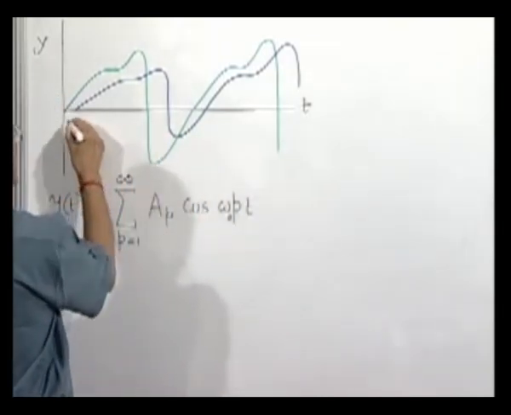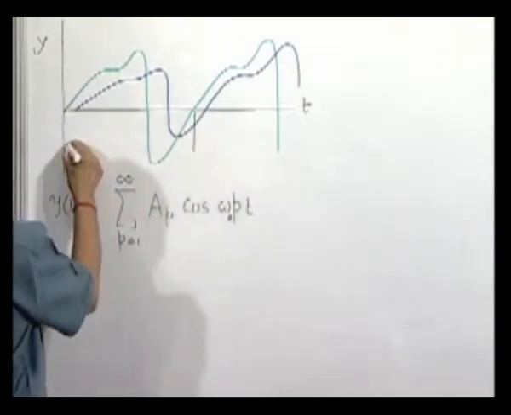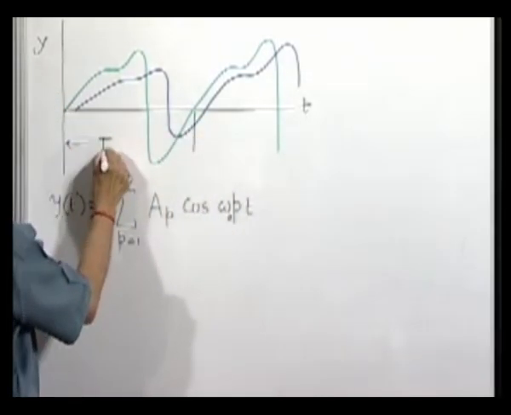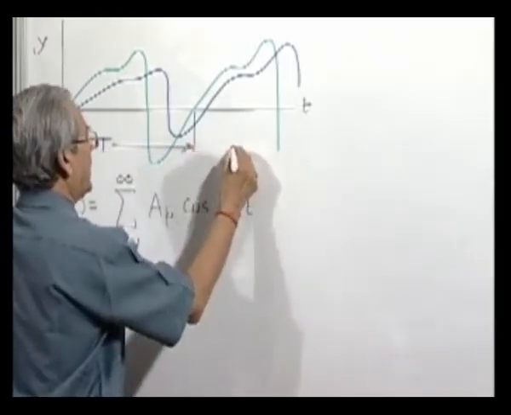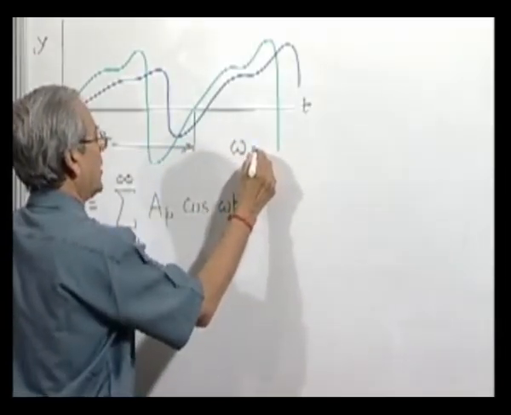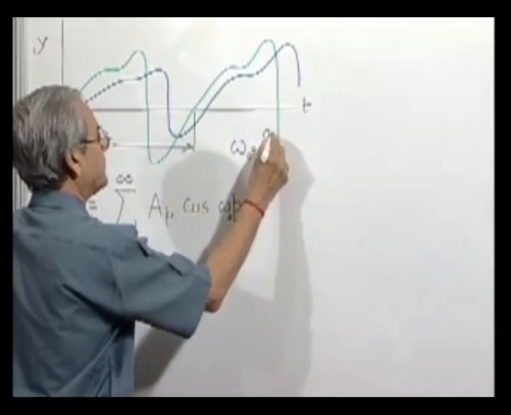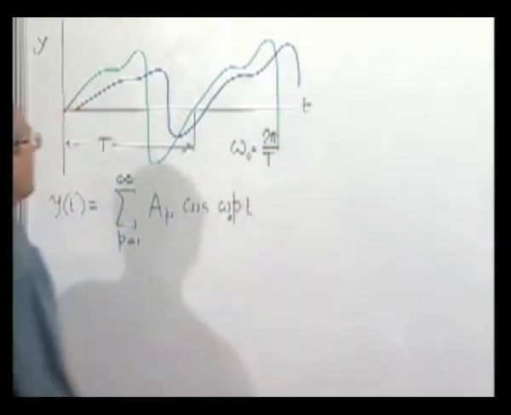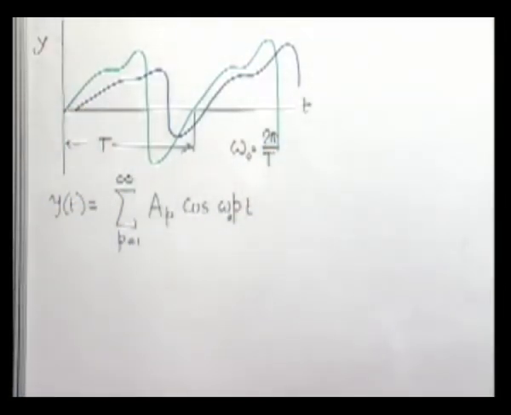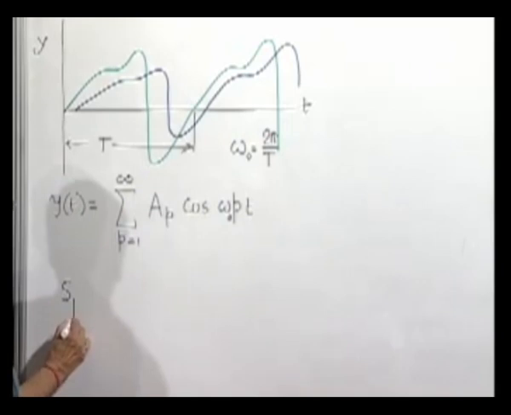To find out the time period, and omega 0 is equal to 2 pi by the period, so we can easily find out omega 0 from the vibration pattern of the basic object which we are investigating.